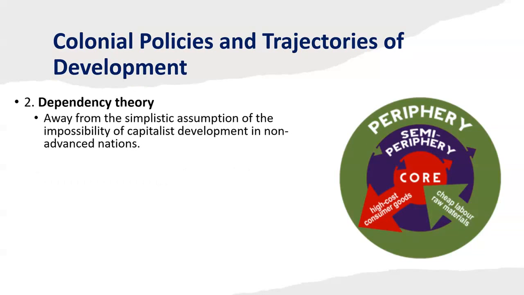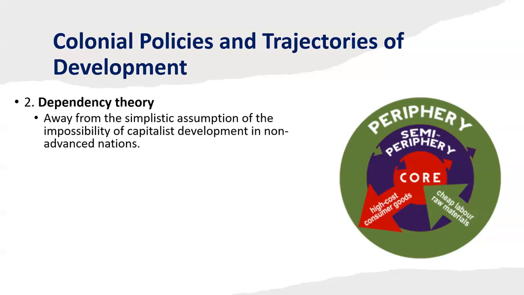So, dependency theory, I assume that everyone knows this. Any take on the main assumption of it? Okay, so basically it turned the focus away from this simplistic notion about the impossibility of capitalist development in non-advanced countries.